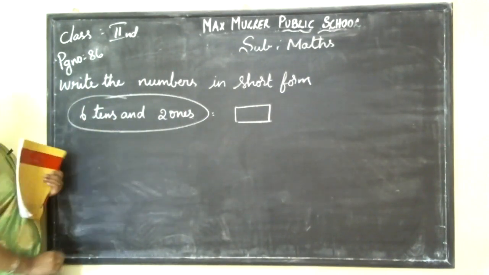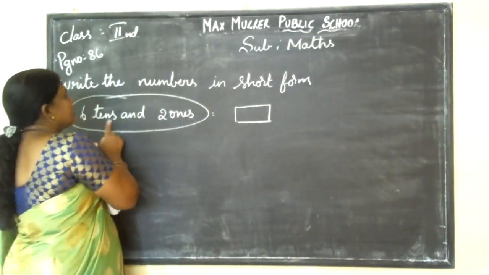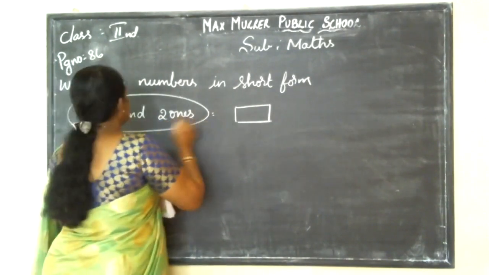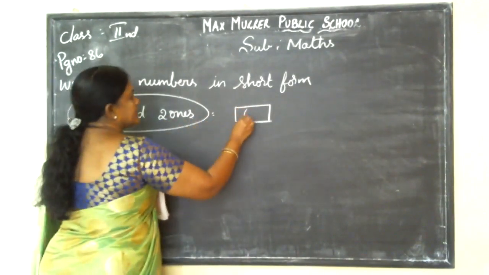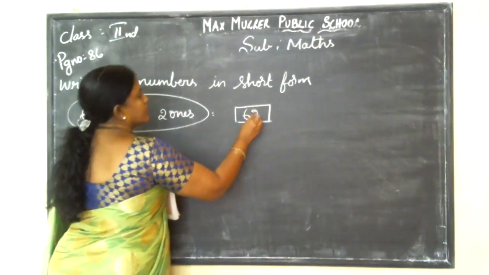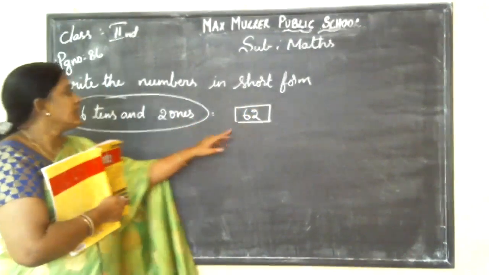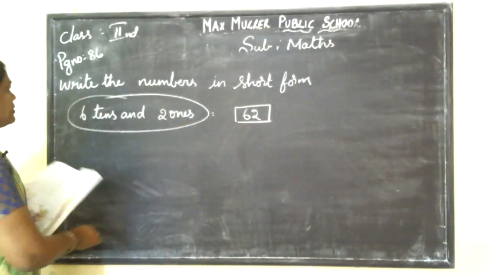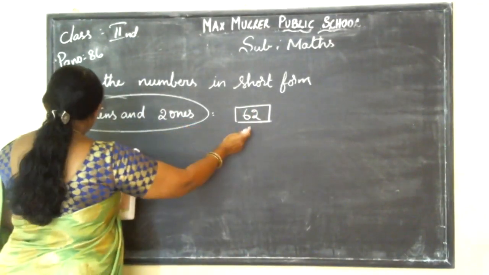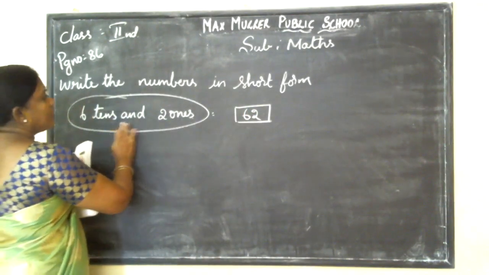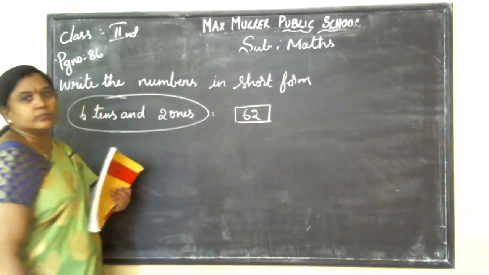Together we call it, we'll get the short form. See here, 6 tens, 2 ones means 6 tens, what will come here? 60, 2 ones, 2. So 62. 62 is the short form. This is expanded form. You want to write in the short form. If we put it together, we get 62.